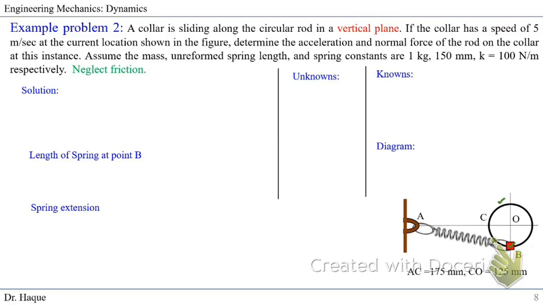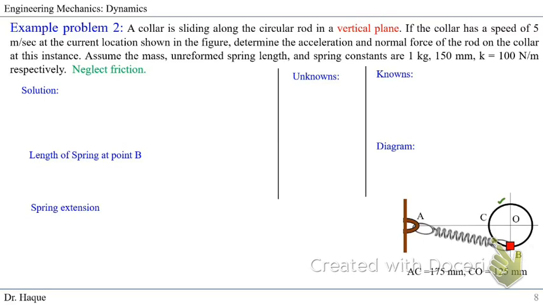If the collar has a speed of 5 meters per second, so the red square here is moving at 5 meters per second. The velocity of 5 meters per second is only valid at that point B, at that instant. Since it has an acceleration, it will change, but at the current position at B, the velocity is 5 meters per second, as shown in the figure.